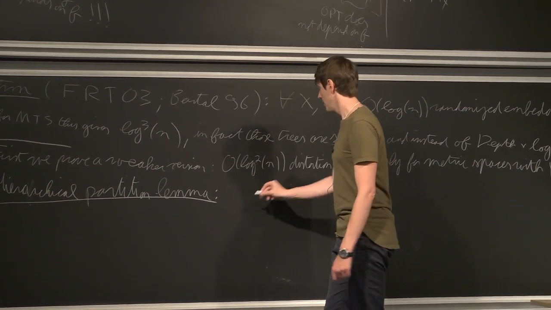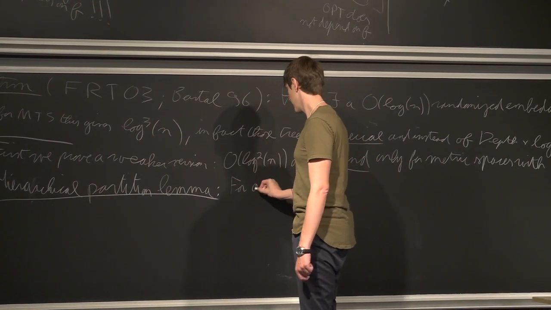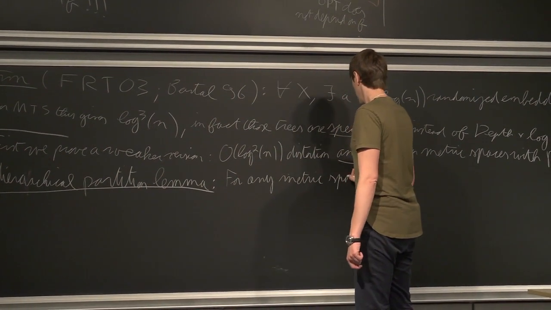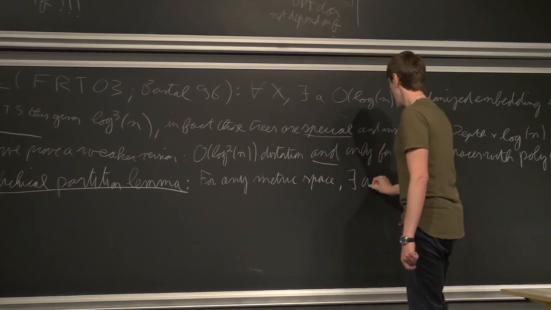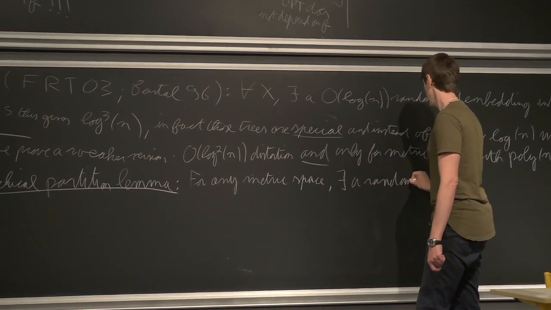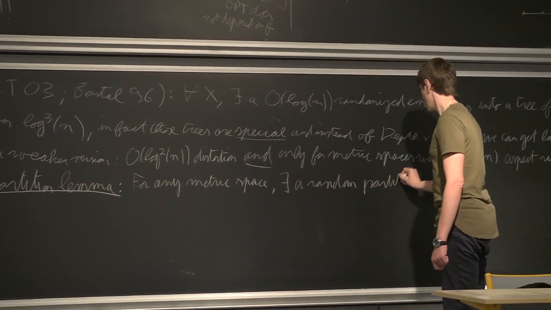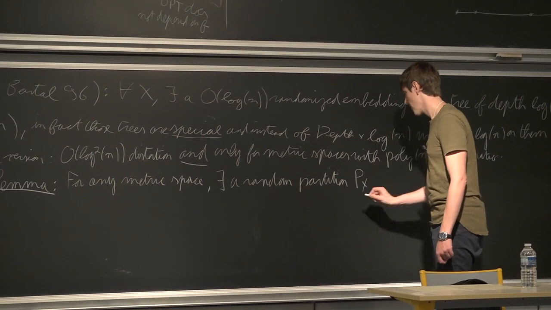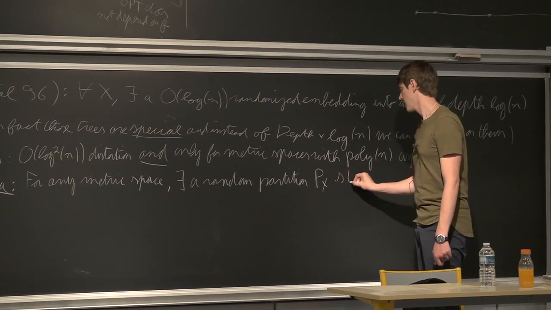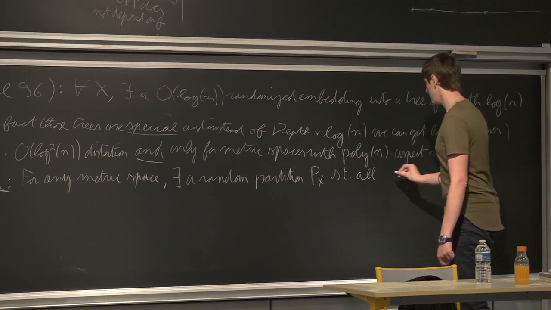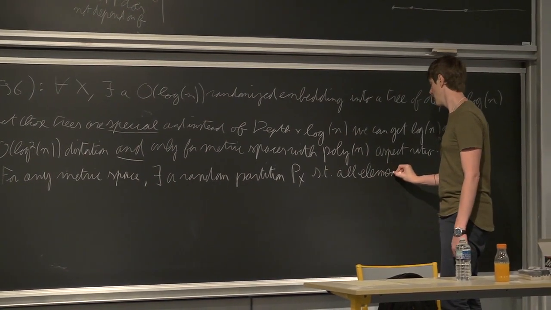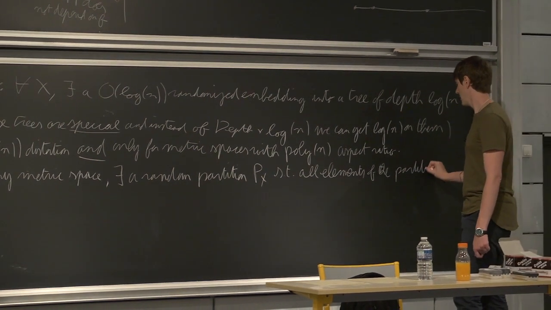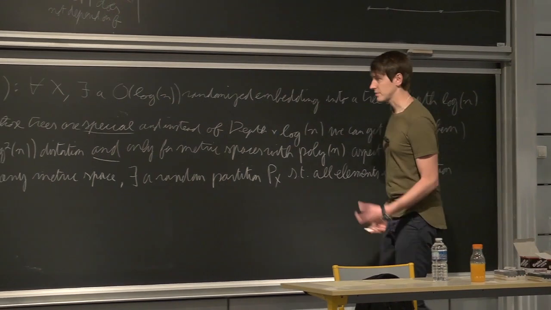Okay. So for any metric space, there exists a random partition P such that all elements of the partition are small.